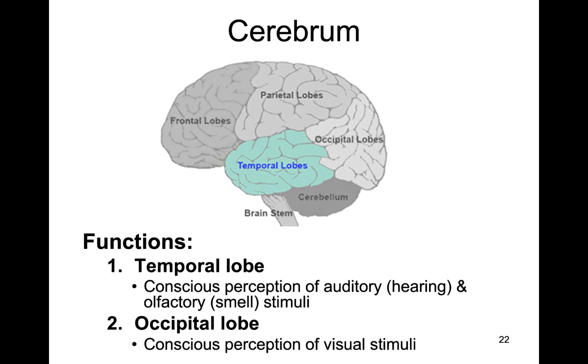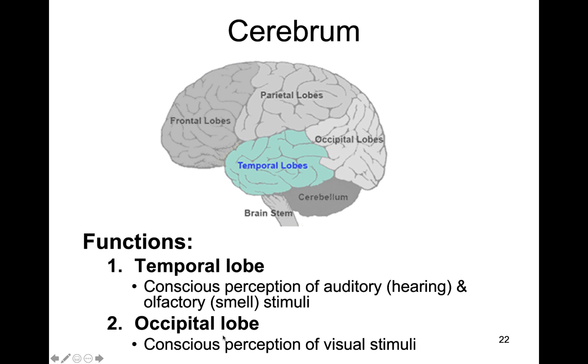Once you pick up sound, it's going to stimulate hair cells in your ear, and we will talk about it when we get to special senses. And then it's going to go to the temporal lobe, and it's going to decide what to do with that information. And then you have the olfactory nerve. That's also going to take the information for smell, and that's going to be dealt with in the temporal lobe.